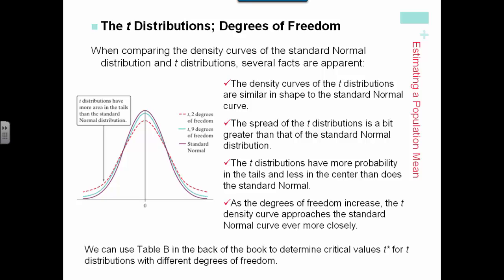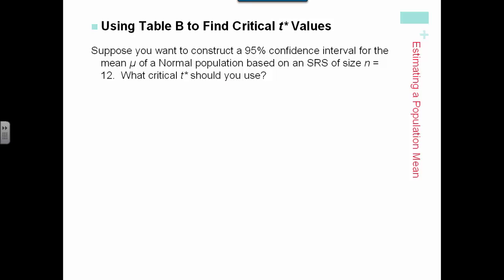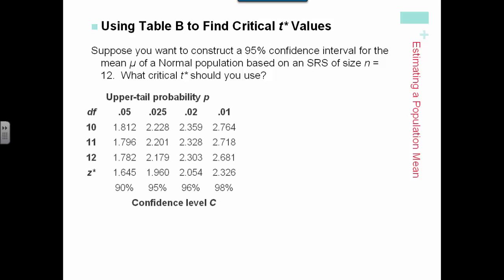We can use table B in the back of the book or on your sheets to determine critical values t star for t distributions with different degrees of freedom. Suppose you want to construct a 95% confidence interval for mean mu of a normal population based on a simple random sample of size n equals 12. What critical t star should you use?